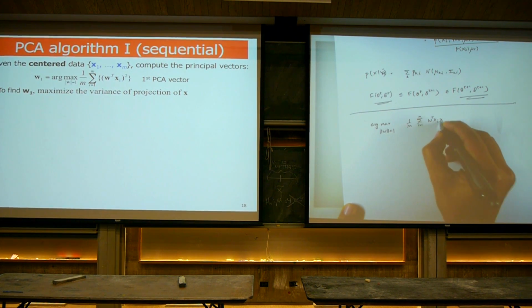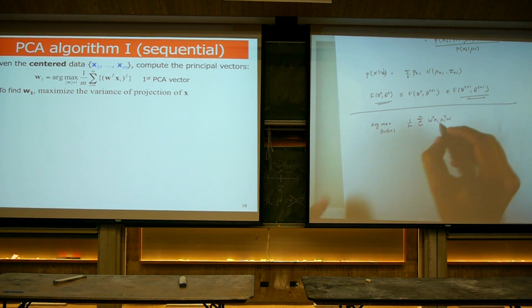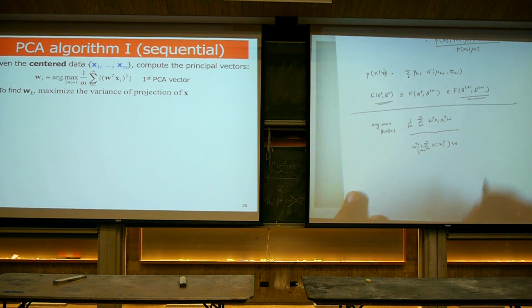I'll just write the square as xi transpose w, because it's a scalar, so w transpose xi is the same as xi transpose w. And this is nothing but, actually I can write it like this, w transpose times 1 by m, sum i equal to 1 to m, xi xi transpose, times w.